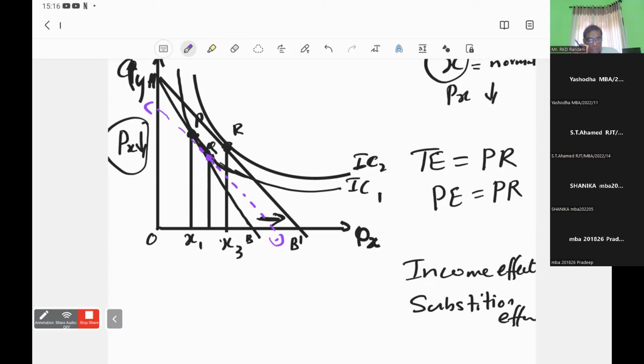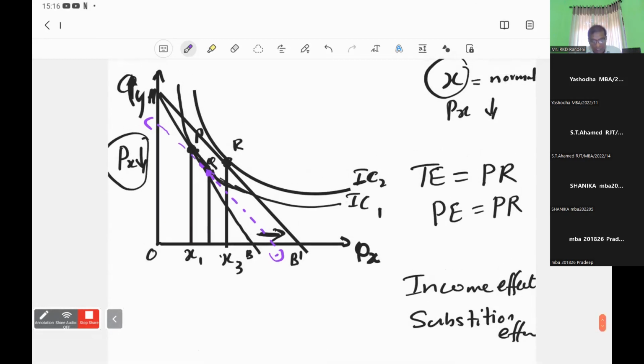Then you have to draw a line parallel to the AB dash new budget line. That should touch the indifference curve 1, right?